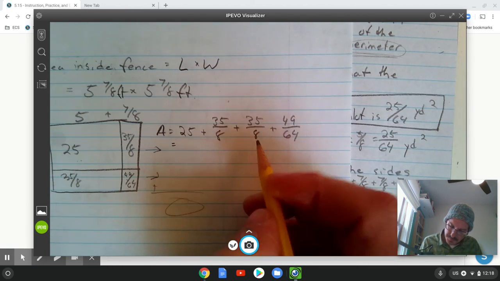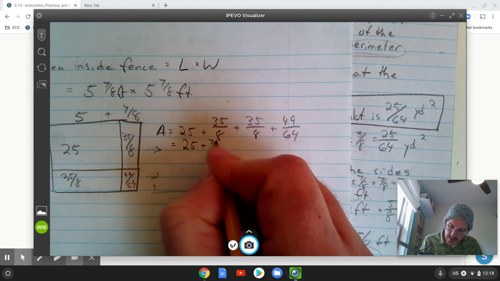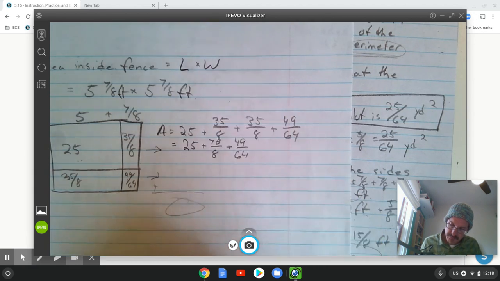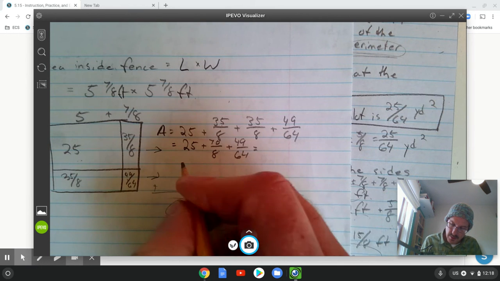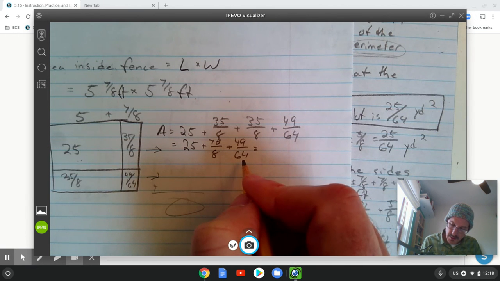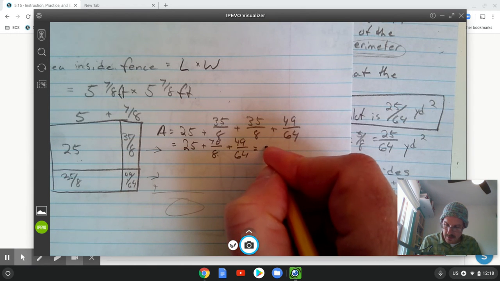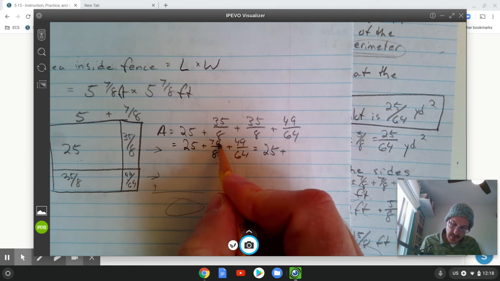So let's see. I can add those. So 25 plus 70/8 plus 49/64. All right. 35 and 35 is 70. So let's make this 64ths as well. 25 plus 8 times 70 is 560.